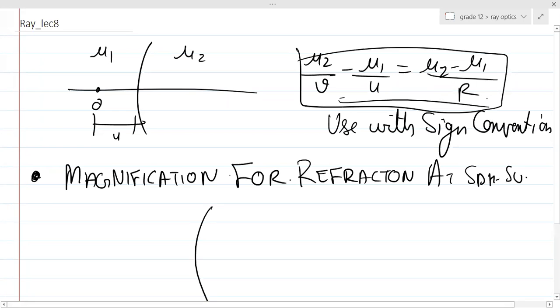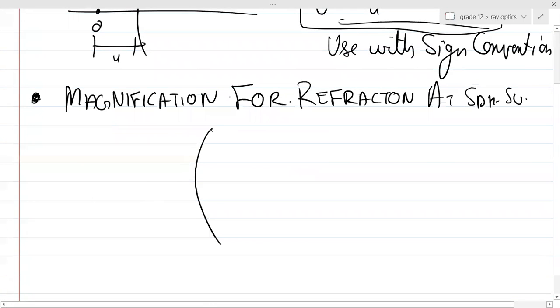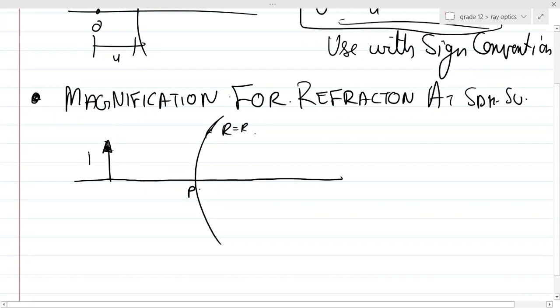So suppose, guys, I have a spherical surface like this of radius of curvature r, and suppose this is the principal axis, this is basically the pole, and let's say the object is over here.